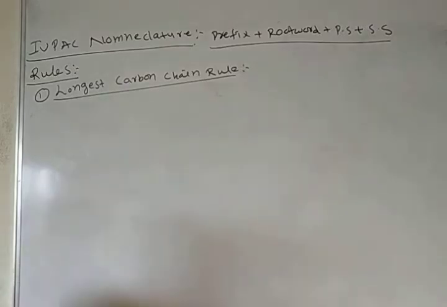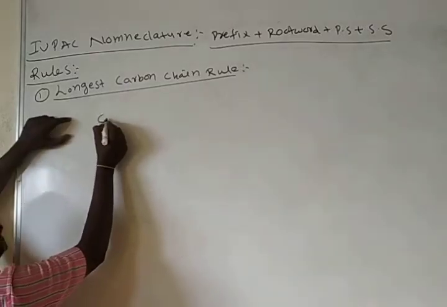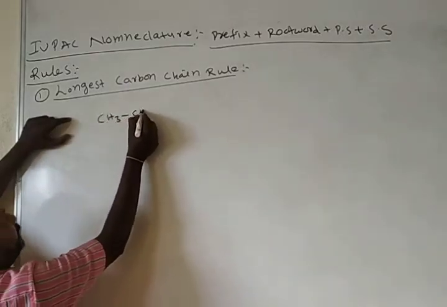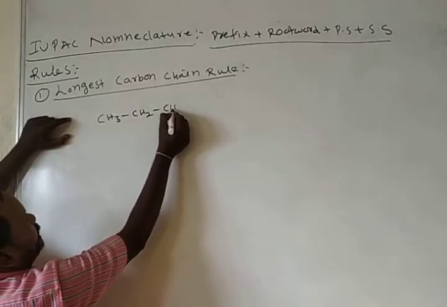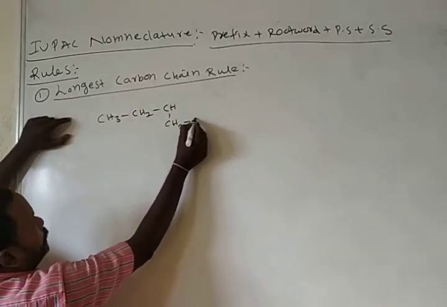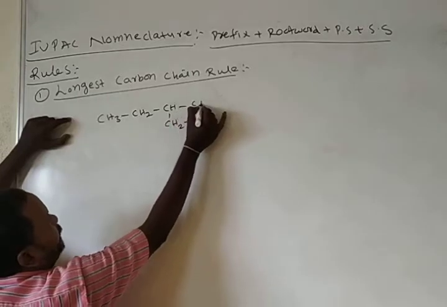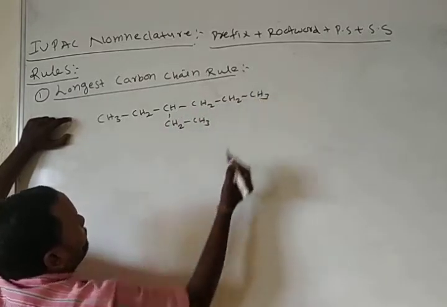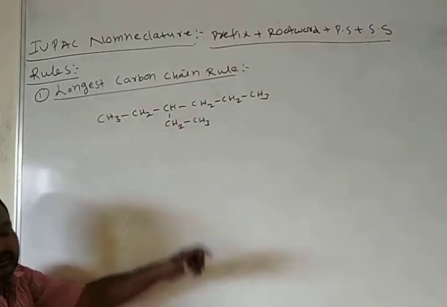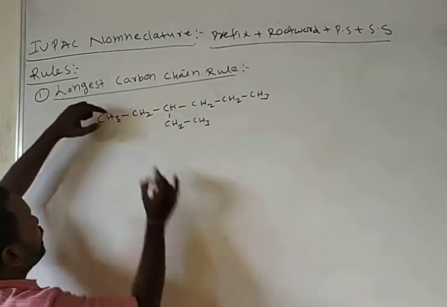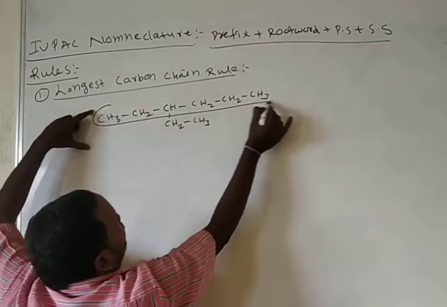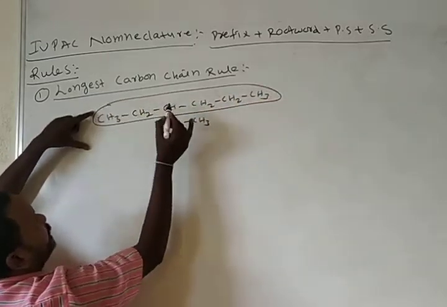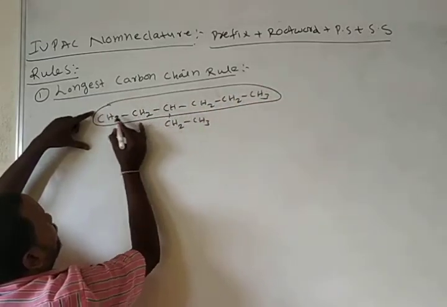For example, here I am taking CH3, CH2, CH, CH2, CH3, CH2, CH2, CH3. This is one organic molecule. Here we have one chain, and here we have one more chain.